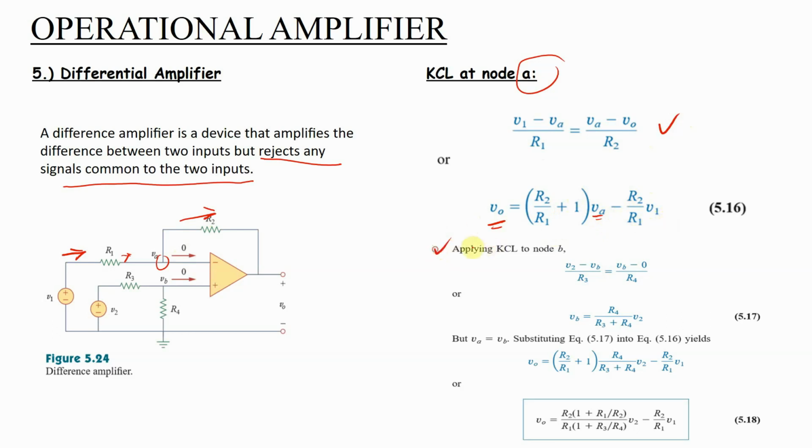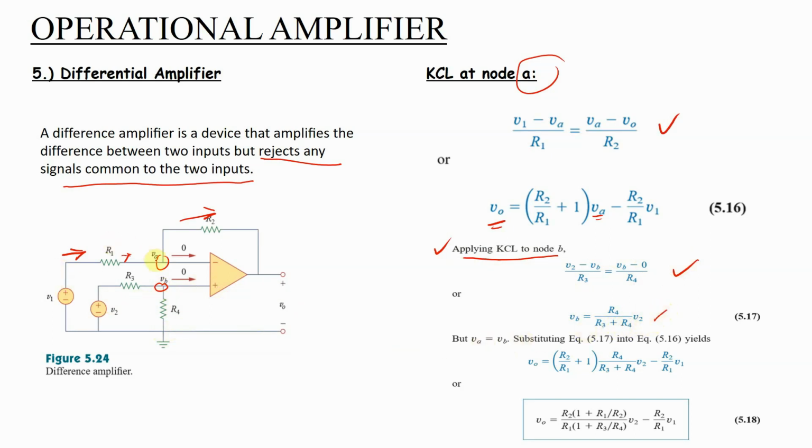Now let us again apply KCL at node B, at this node. So we will have V2 minus VB over R3 will be equal to VB minus 0 over R4. Okay? Now solving for VB, we will have R4 over R3 plus R4 multiplied by V2.